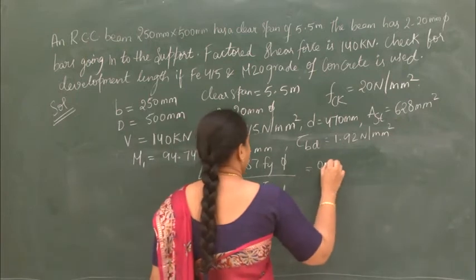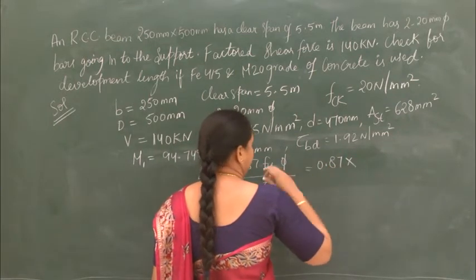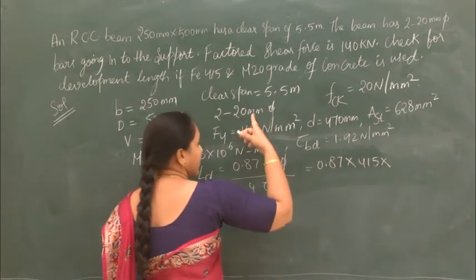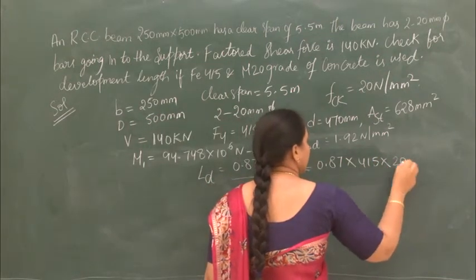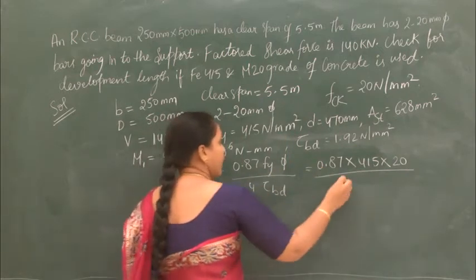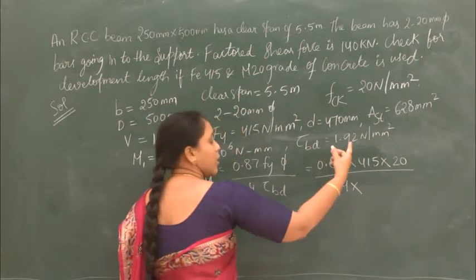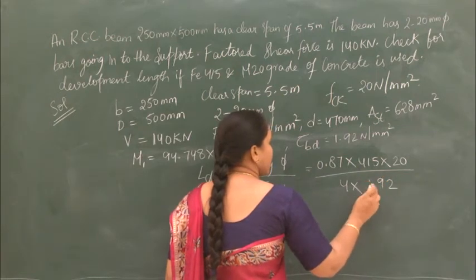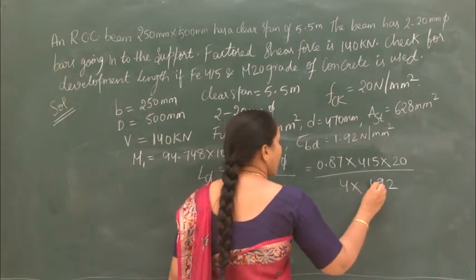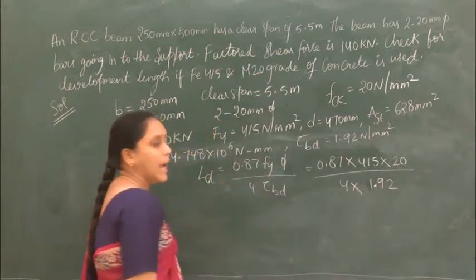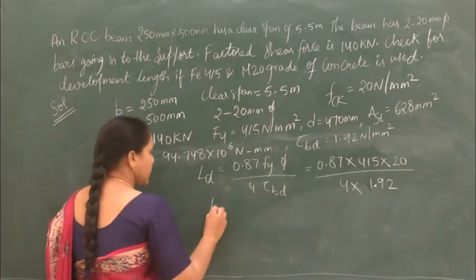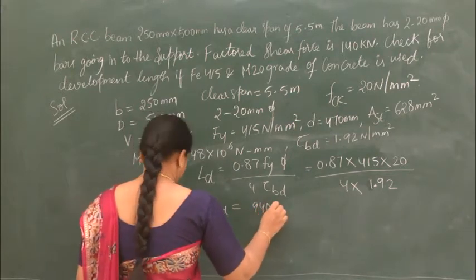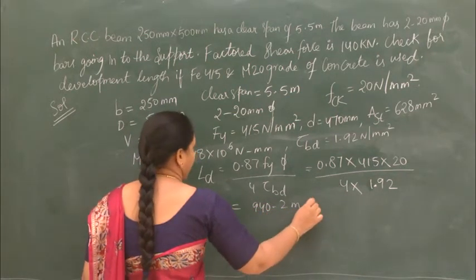It is 0.87 into Fy is the grade of steel, which is 415, into phi. Phi is nothing but the dia of the bar, which is 20, divided by 4 into tau BD. Tau BD value we have calculated right now, which is 1.92 Newton per mm square. So if you solve this, you will get the value of LD, which is 940.2 mm.